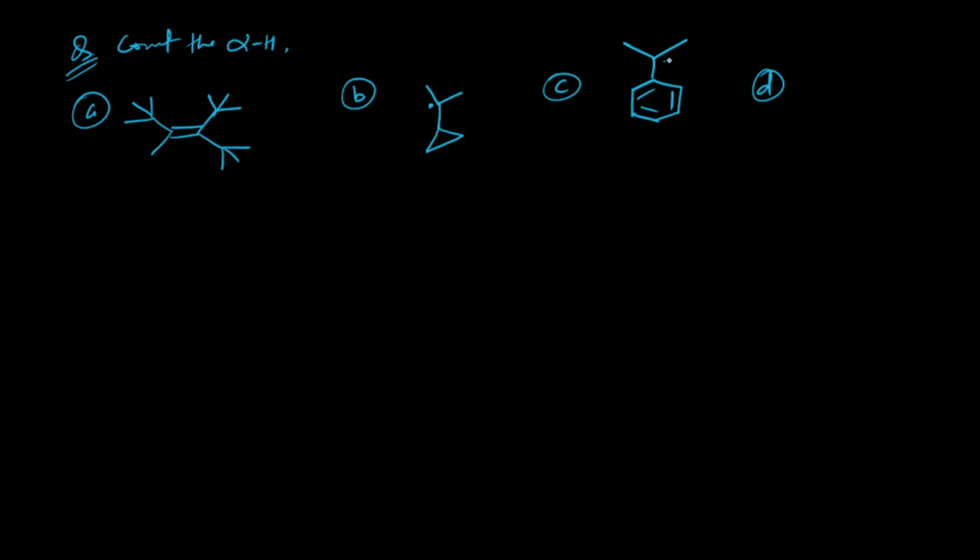Here what I'll do, I'll just put a plus charge over here on this carbon. This positive is there. Okay, and then I think here the positive charge is not required. You just count here, just talking about alpha hydrogens. Now one is a radical, a double bond, and one carbocation I'll give. That's it.